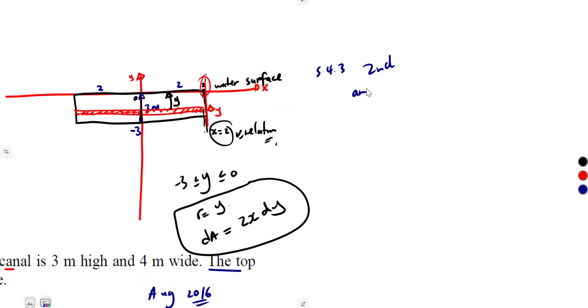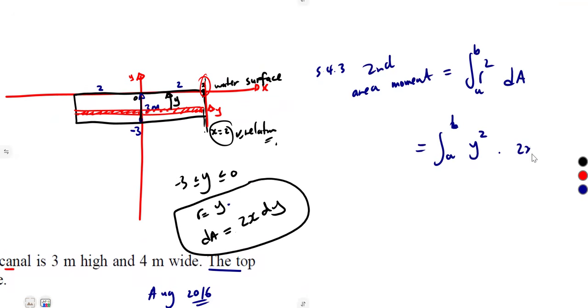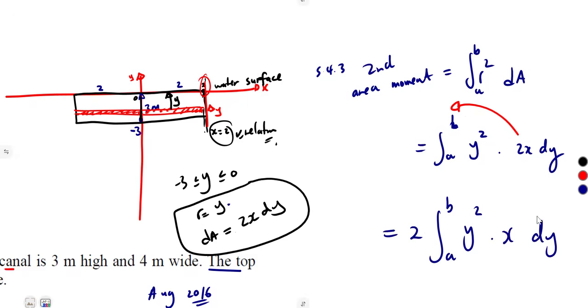All right. Anyways, second area moment is given as what? The integral of r squared dA from a to b, our r being y. So that is y squared. Then the dA is what? It is 2x dy. We're going to substitute. You can even substitute here, it's fine. You can even put that x there. Taking it out is just for you to go back to the basics and properly see exactly the x that I'm substituting.